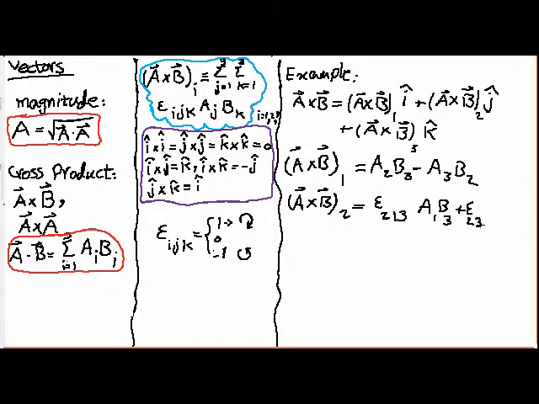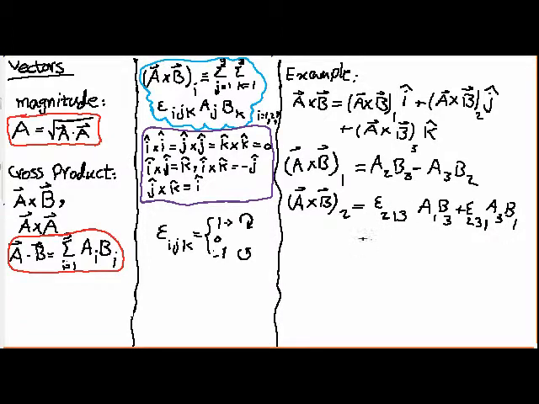J also can take 2, but then we have two 2's, and then epsilon becomes 0. So here, there is only 1 left for K. So K equal 1 is the only non-zero for epsilon. And here J is 3, so A3, and K is 1, so B1.